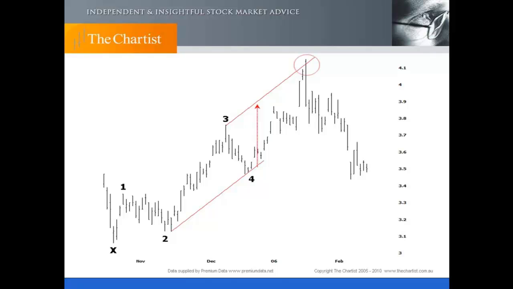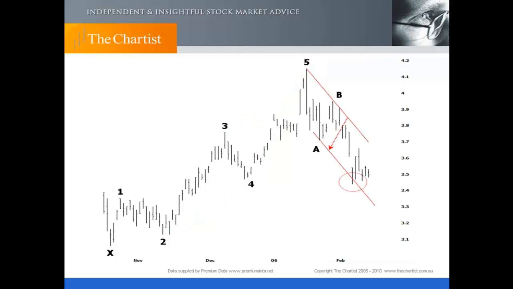If we get some good divergence between wave 3 and wave 5, especially when wave 5 hits that upper channel line, then we've got a very probable reversal point in time for prices to start heading lower again. So that's channeling. We try to find the low of wave 4 to trade wave 5 higher, or we try to find the high of wave 5 and trade the market lower.